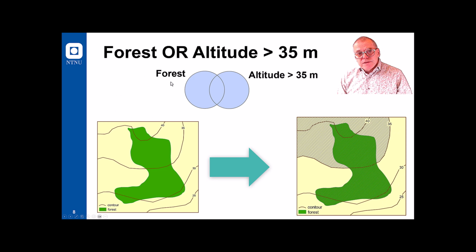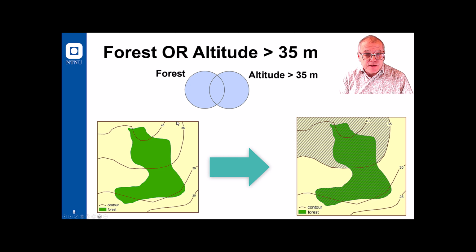So for instance, if we want to know places which are forest or having an altitude higher than 35 meter, as you may remember from the Venn diagram, this is very inclusive. It includes everything from the set A, which is here forest, and it also includes everything from set B, which is altitude above 35 meter.